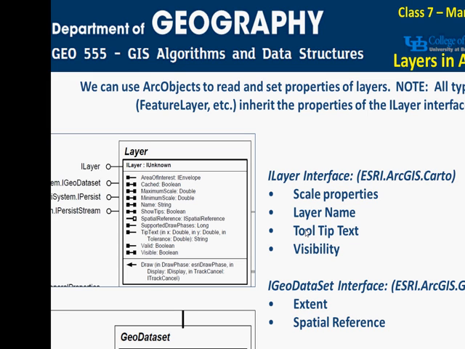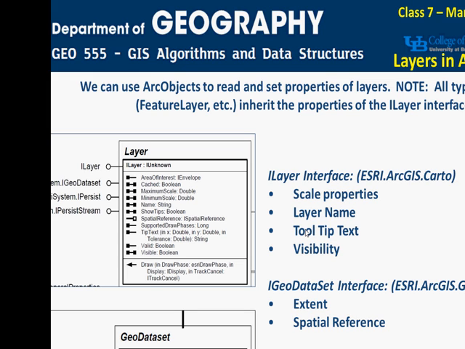We're going to talk further then about setting properties and reading properties on layers. That's the next topic this evening. As I wrote here, you can use ArcObjects to read and set properties of layers. And to review from last week, all specific types of layers inherit from ILayer.